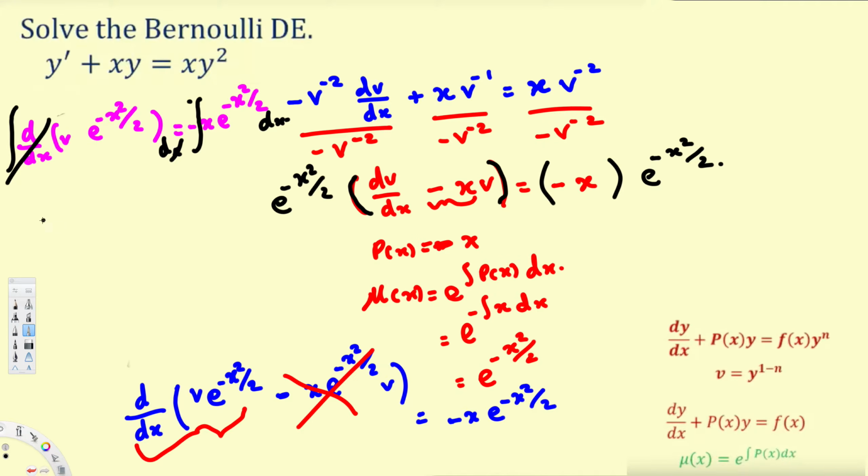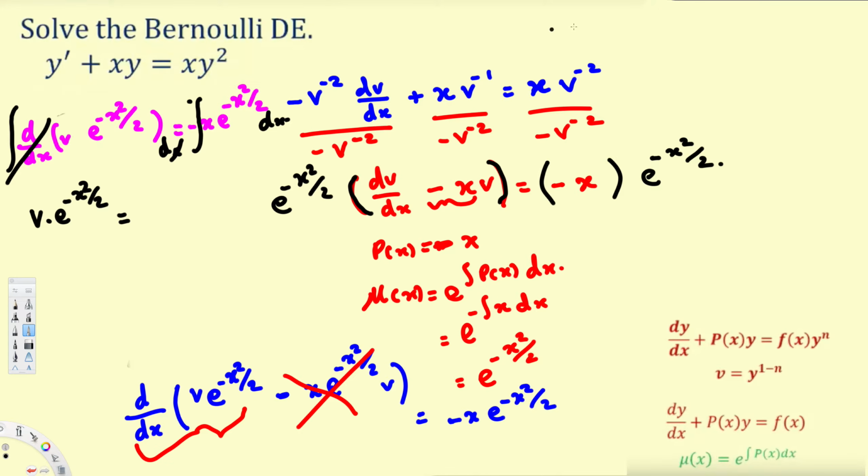If you integrate this one, that's going to be just v e^(-x²/2), and on the other side we are going to have the integral of minus x e^(-x²/2). So here we had to do the u substitution.